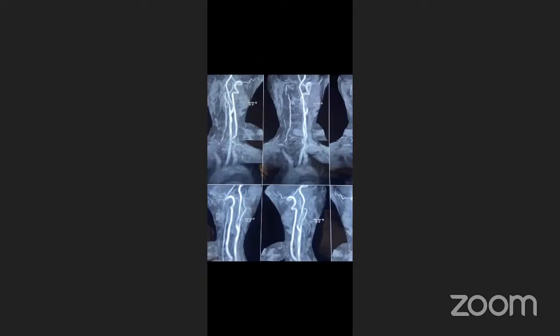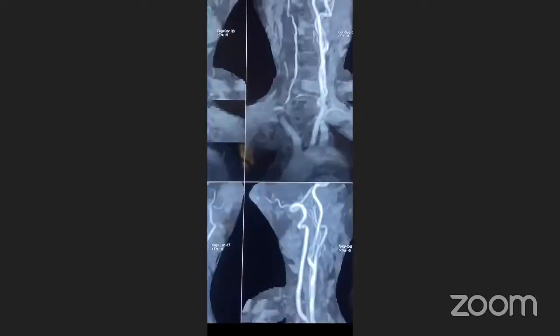Okay. So in this case, I did the subclavian first. It was severe. I don't have all the carotid or subclavian stenting photographs right now. I did the subclavian first, where I put a self-expandable stent, because it was somewhat tortuous.